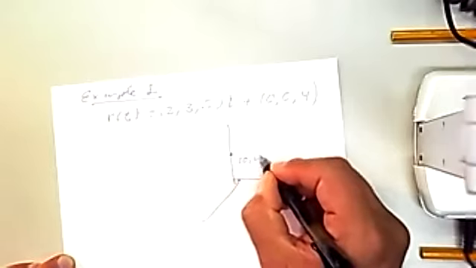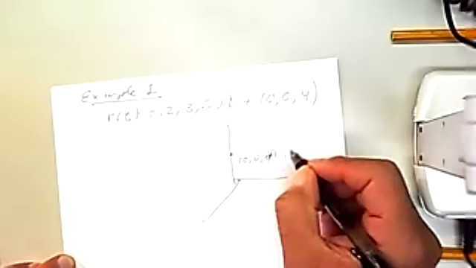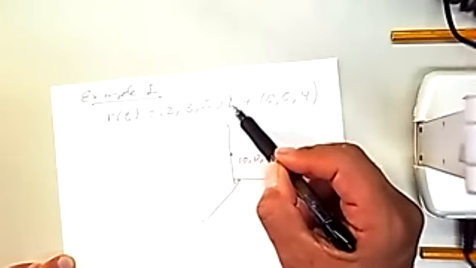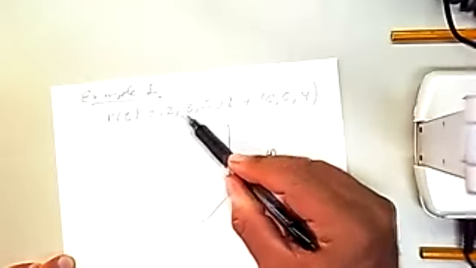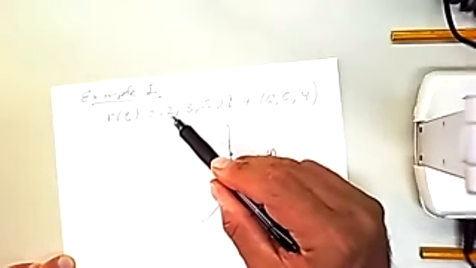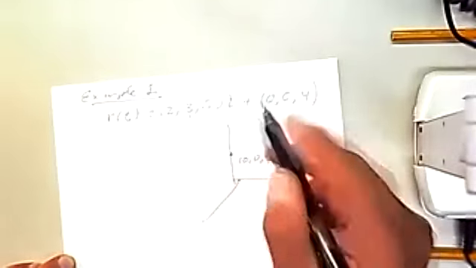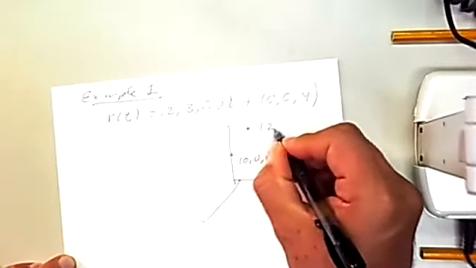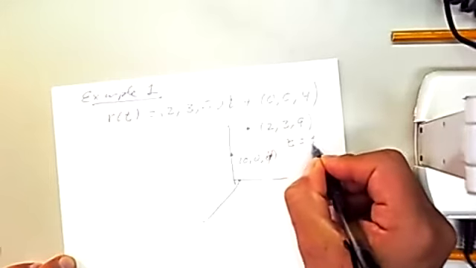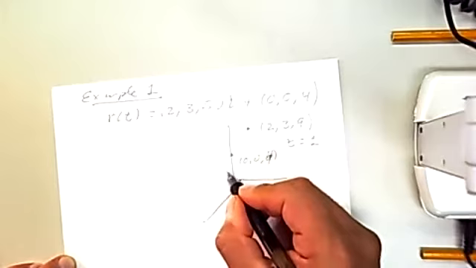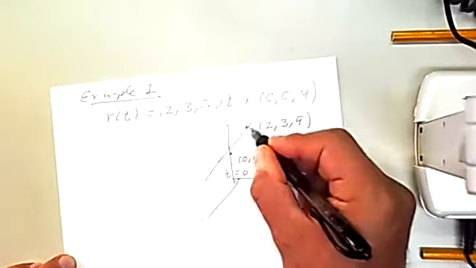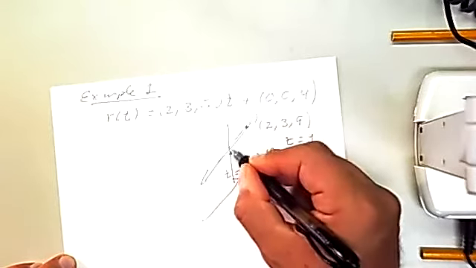And then when t is equal to 1, we add (2, 3, 5) to (0, 0, 4). We're going to end up with (2, 3, 9). So somewhere in there, we're going to have (2, 3, 9). That's when t is equal to 1. And this is the point when t is equal to 0. And so we have a line going this way, going through this point.